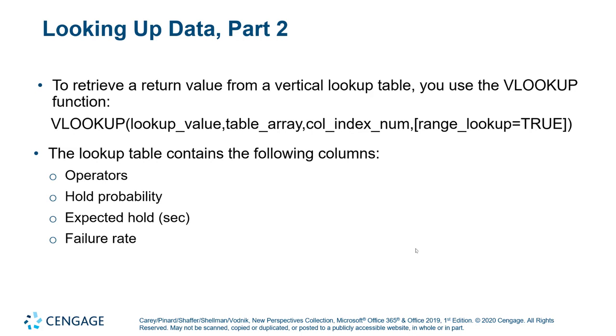To retrieve a returned value from a vertical lookup table, you must use the vertical lookup function. The syntax is on the screen. You'll notice the range lookup by default is true. If you would prefer to use the opposite condition, you would need a false.